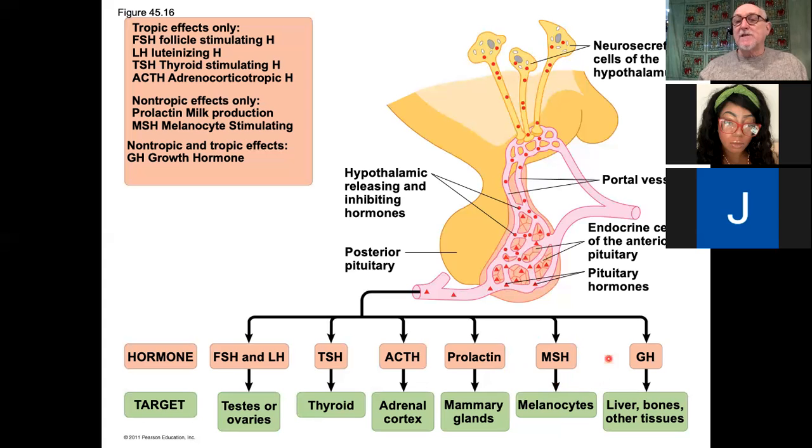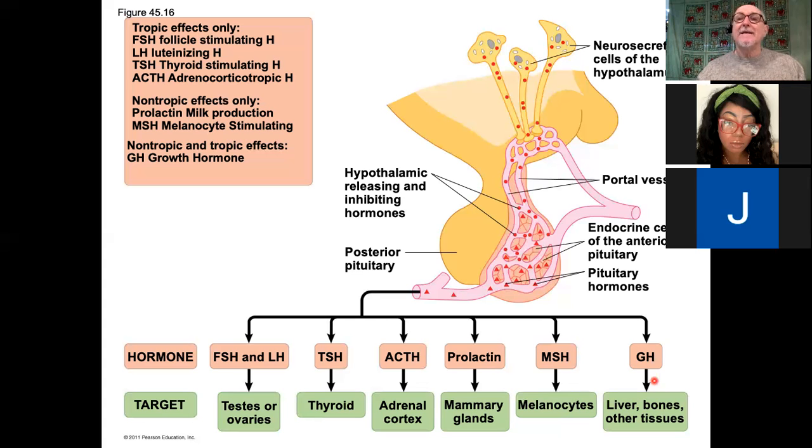But the last one is one that you have heard about, and this is growth hormone, produced by the anterior pituitary. Growth hormone has effects on many, many different organ systems in the body throughout life.